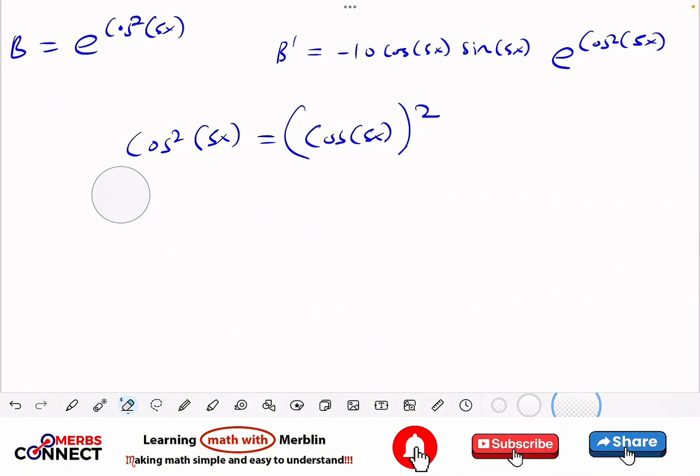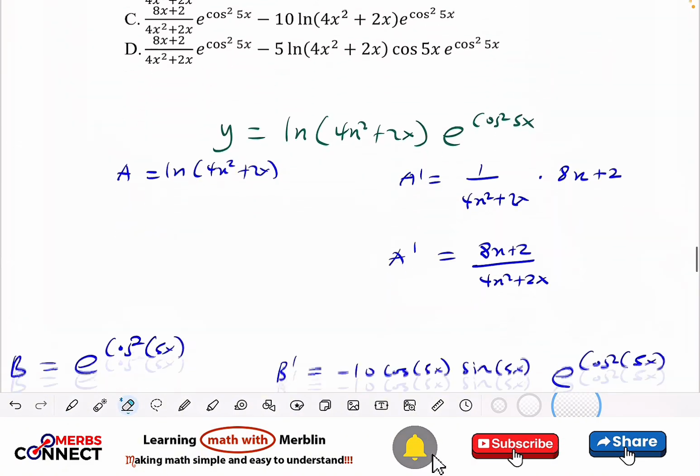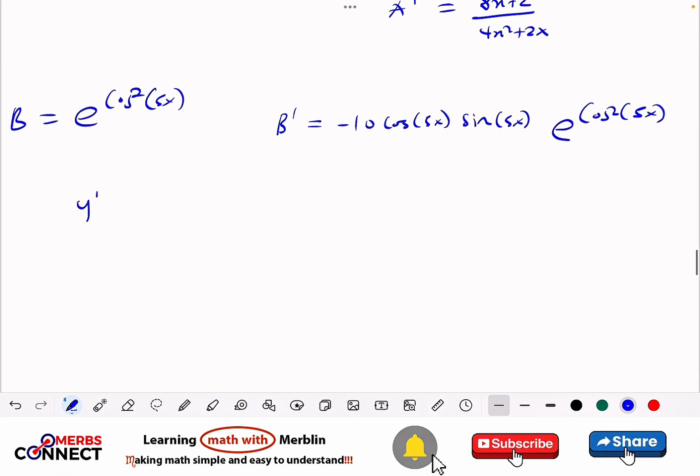So let's look at the product rule. The product rule says that y prime is equal to first times the derivative of the second plus second times the derivative of the first.